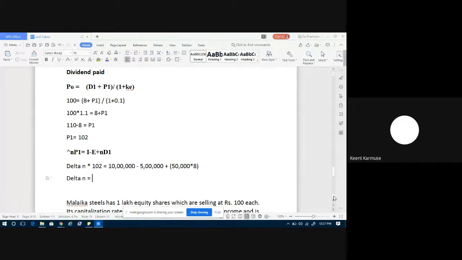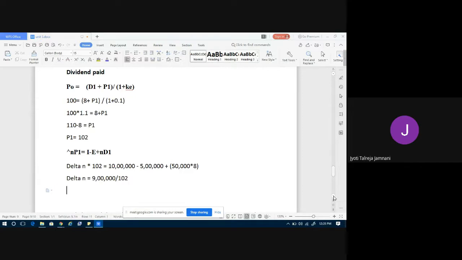So 10 lakh minus 5 lakh is 5 lakh. 5 lakh plus 4 lakh is 9 lakh. 9 lakh divided by 102. If I get it this side, it will come divided by 102. So delta N will be 8,823.52 shares.